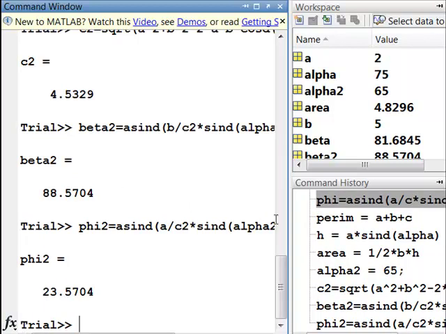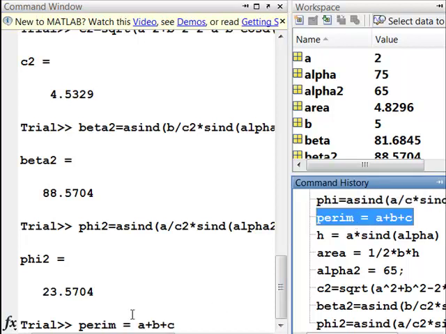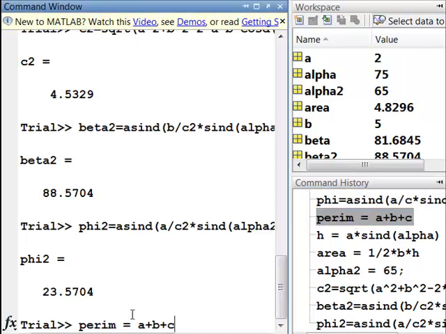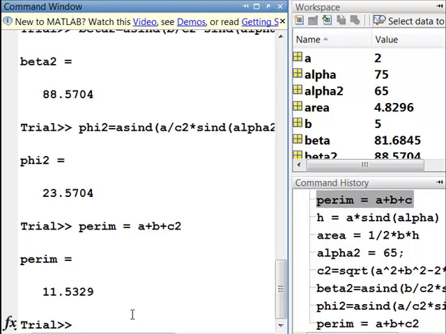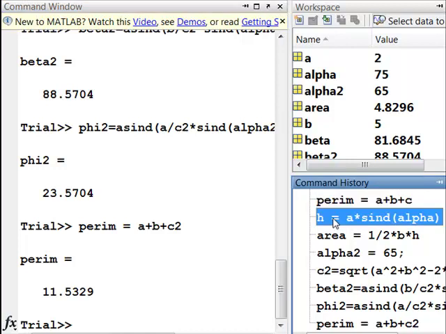The next thing we had to do, and we can look back in the command history and see it, is the perimeter. The only thing we have to change here, A and B are unchanged, so we just change that to C2. And next we calculated H. So let's do that calculation.